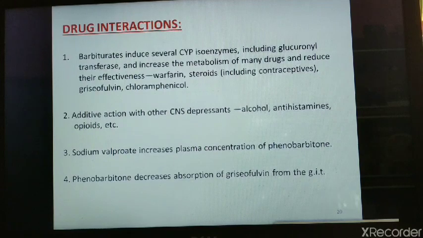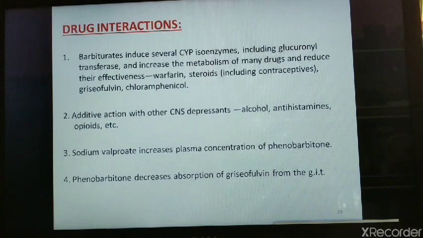Barbiturates are also known to induce several cytochrome P450 isoenzymes, including glucuronide transferase, and increase the metabolism of various drugs and reduce their effectiveness, like warfarin, steroids, griseofulvin, chloramphenicol, and many more.